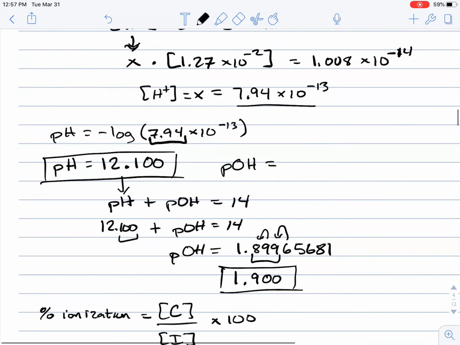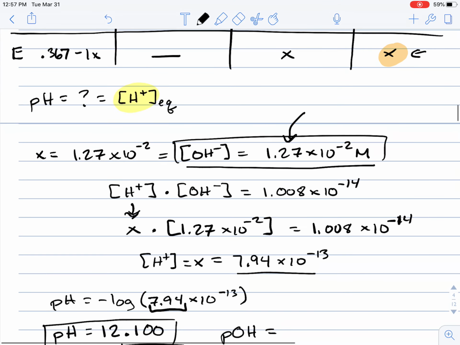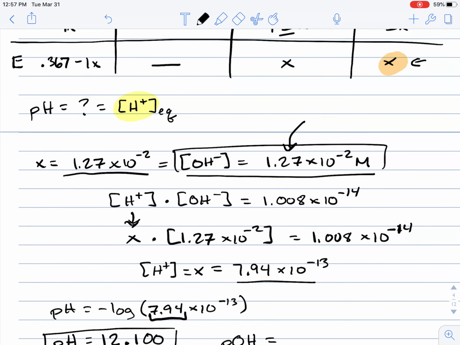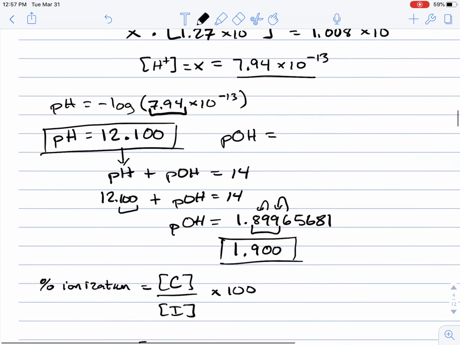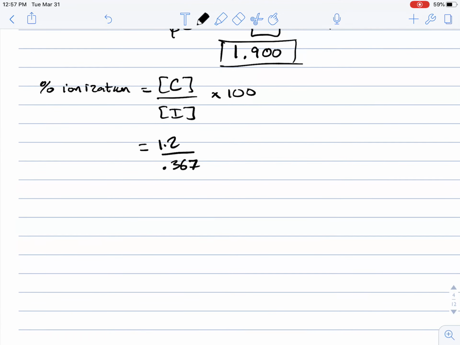And the change, which corresponds to x, is going to be 1.27 times 10 to the negative 2. Times this by 100. If you plug this into your calculator, you're going to get a value that is 3.46%.